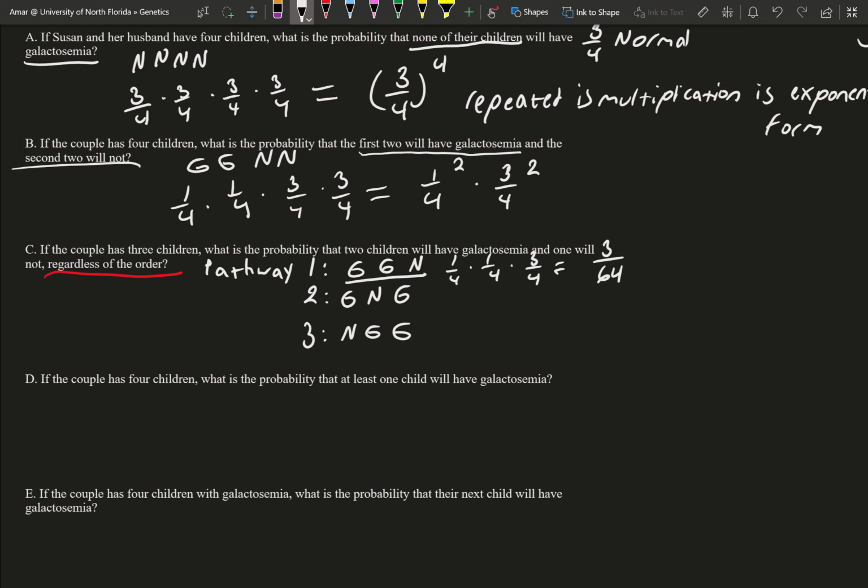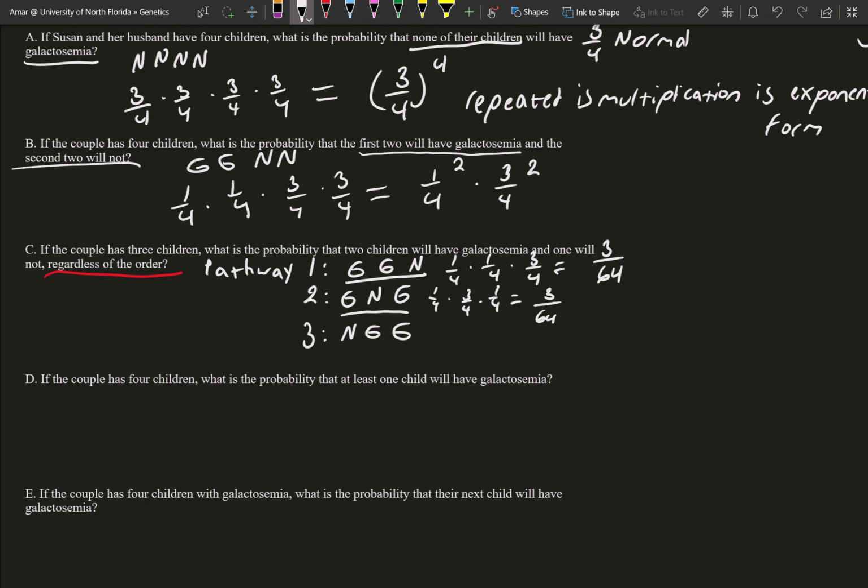And with this rule, you always have to make sure that all of your pathways are going to be equal. So in this situation, pathway number 2 has the exact same probability, where you would have 1/4 multiplied by 3/4, 1/4. So it's essentially the same probability, 3 over 64.